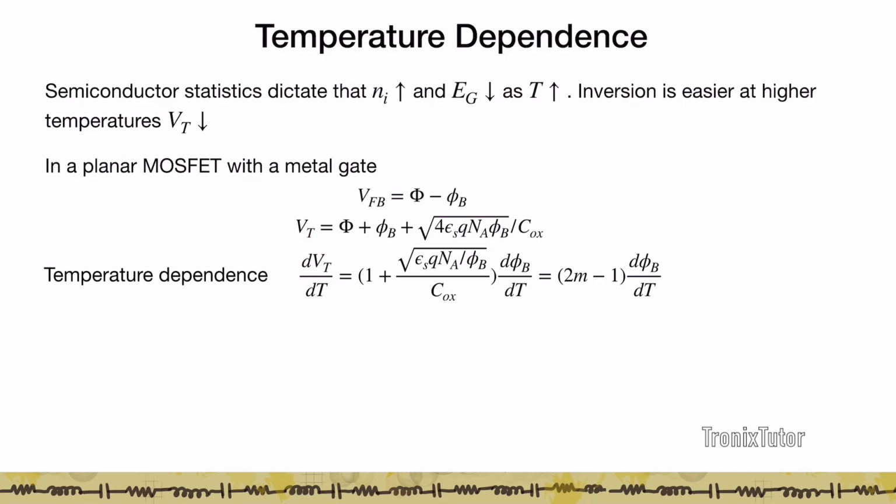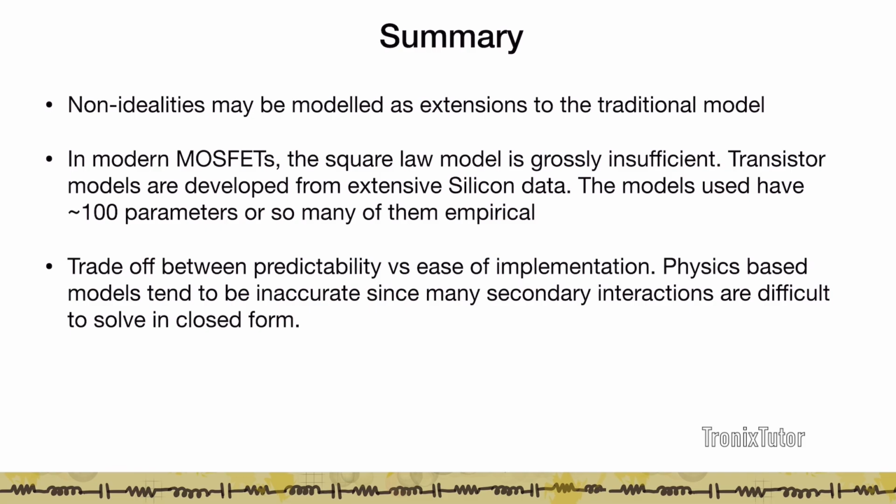What happens to transistor performance is something we look at when we look at digital circuits. There are a lot of non-idealities in the MOSFET. Obviously, not all of them are modeled here. I've picked a few which can be thought of as extensions to the traditional model. But please remember that there are many, many more than these.